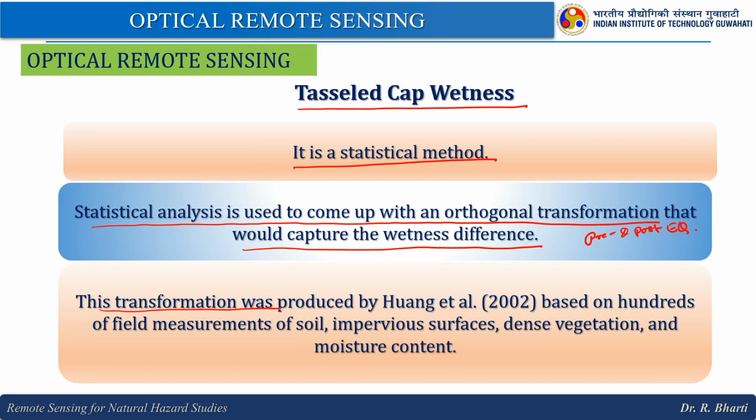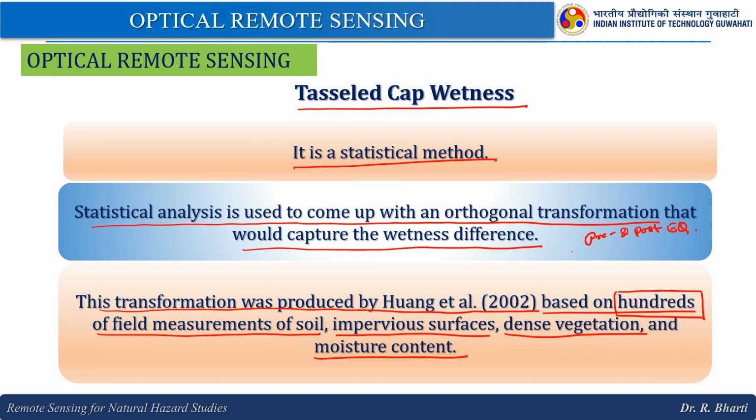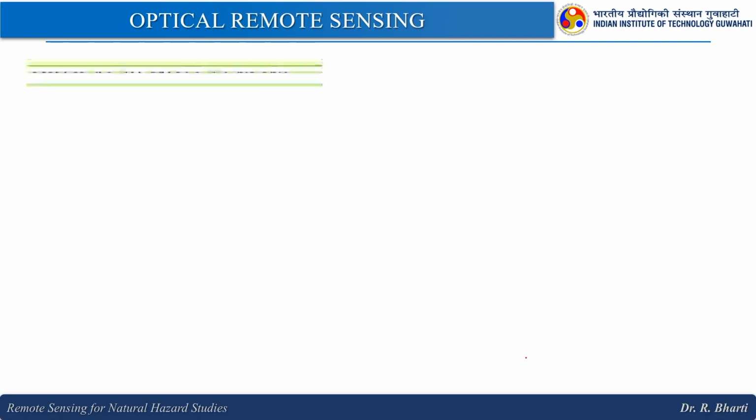This transformation was produced by Huang et al. 2002 based on hundreds of field measurements of soil, impervious surfaces, dense vegetation and moisture content. So, this was an extensive study where they utilized many field observation data to come up with this tasseled cap wetness, right. So, now we will see some of the case studies.